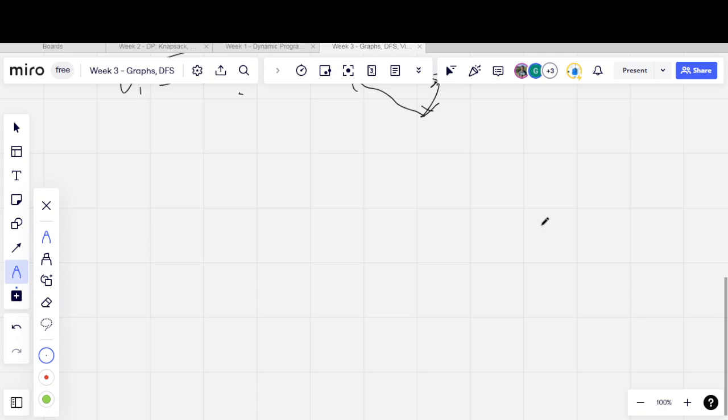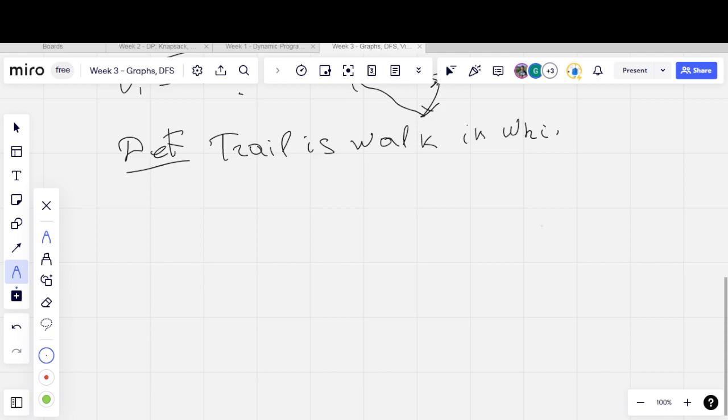So, next definition. What is a trail? A trail is a walk in which no edges are repeated.